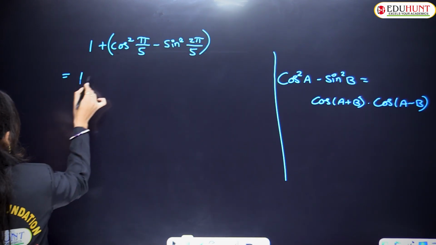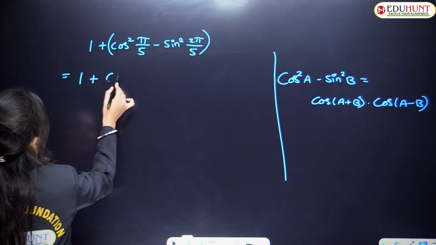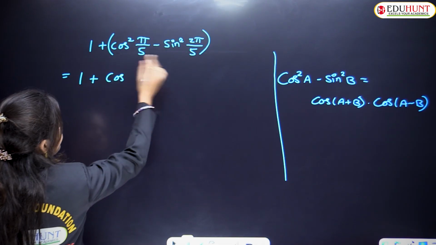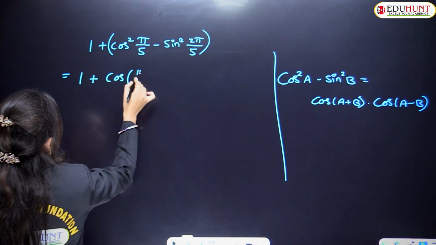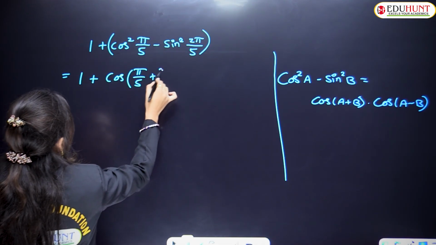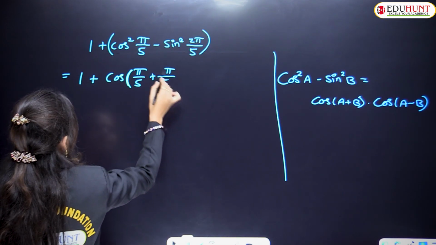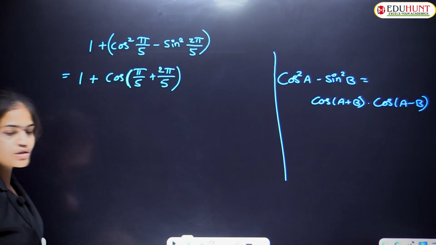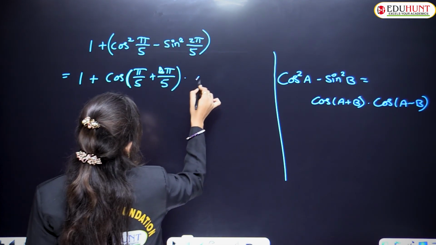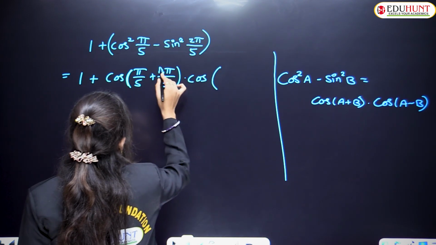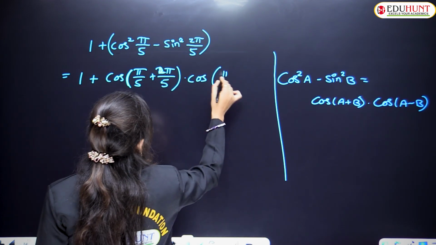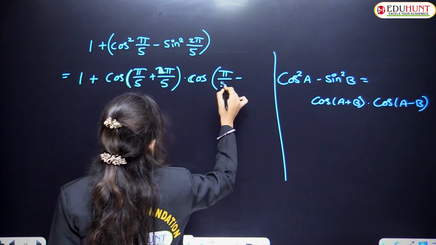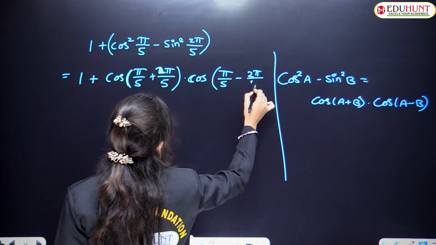So instead of that, we can write cos of A plus B, A plus B being pi by 5 plus 2 pi by 5, into cos of A minus B, A minus B being pi by 5 minus 2 pi by 5.